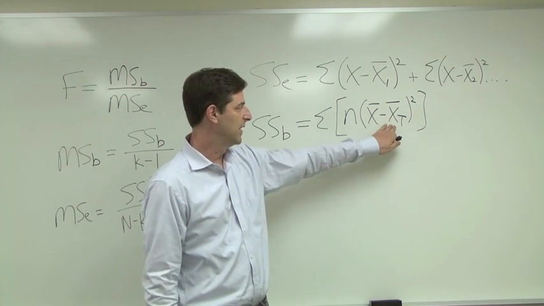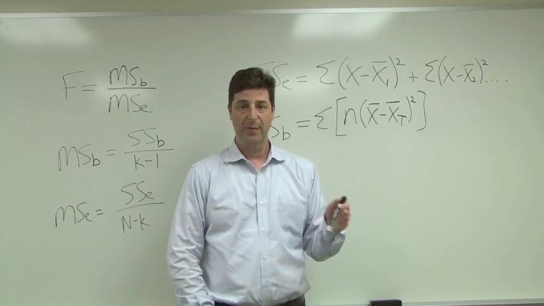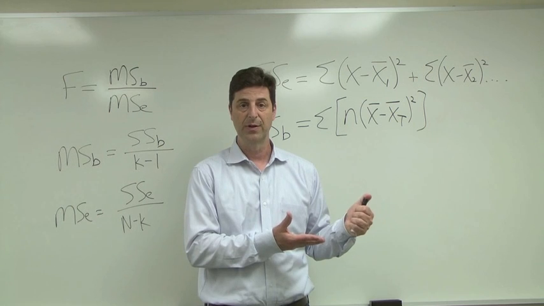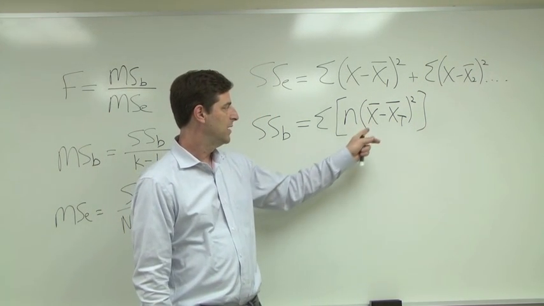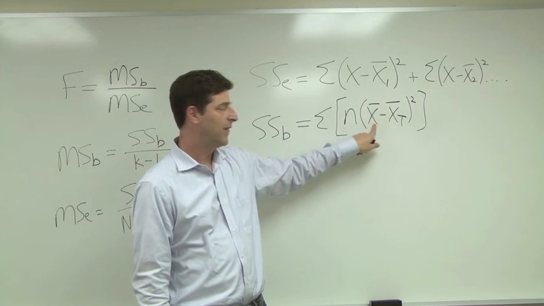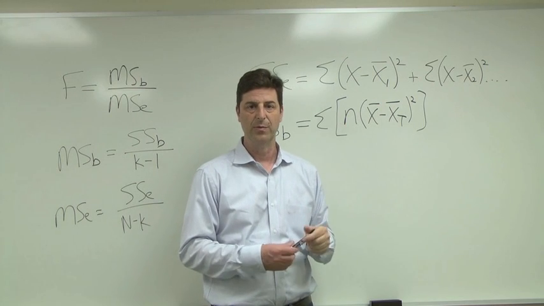That's how you find this. If you have the same number of cases in each group, like in my earlier example, where I've got 3 groups with 10 cases in each group, then you can find the grand mean by finding each group mean and dividing by the number of groups.